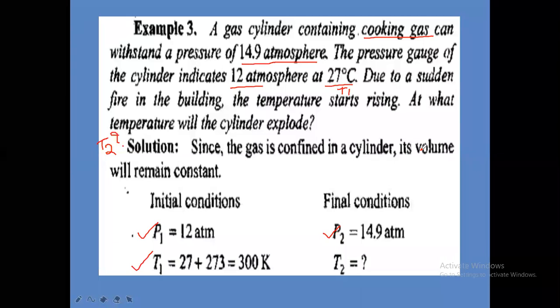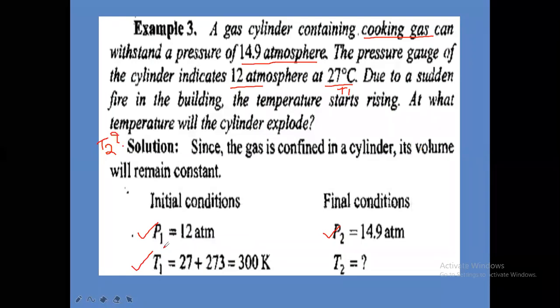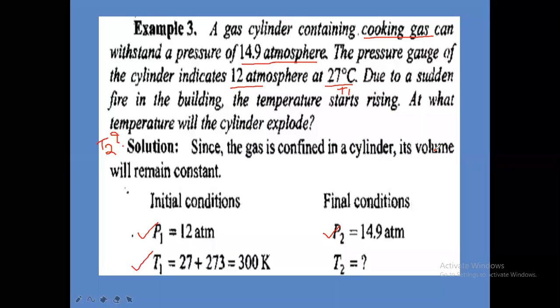When volume is constant, the relationship between the pressure of the gas and the temperature of the gas is according to which law? Gay-Lussac's law. Gay-Lussac's law states that at constant volume, pressure is directly proportional to absolute temperature. When temperature increases, pressure also will increase.